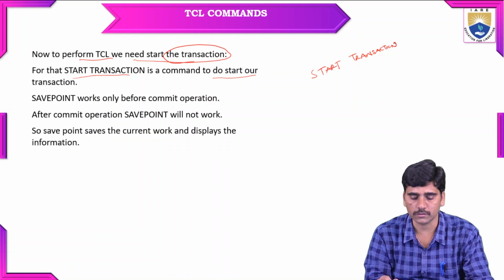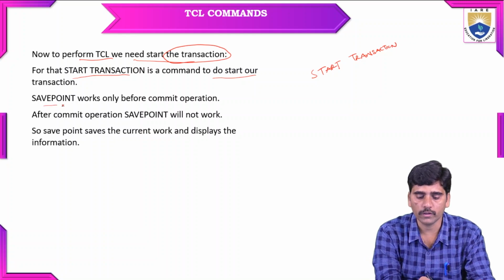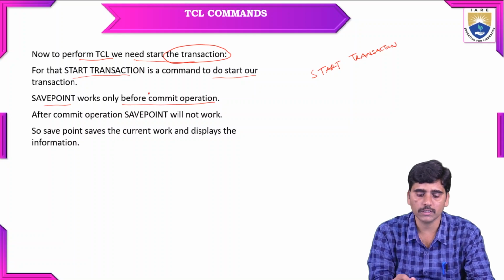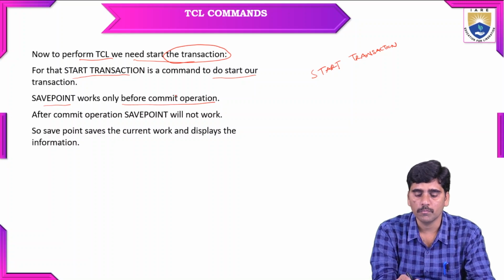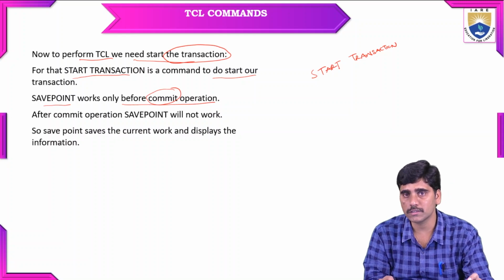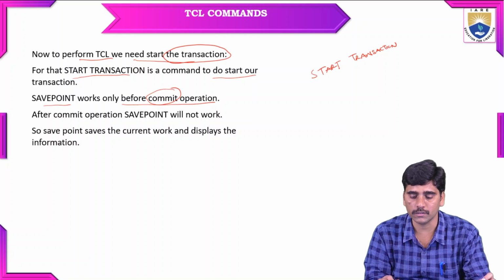For starting your transaction. And savepoint works only before the commit operation. So after starting your transaction, the savepoint works only before performing the commit operation. Before the commit operation, the savepoint can save your work at a particular stage.